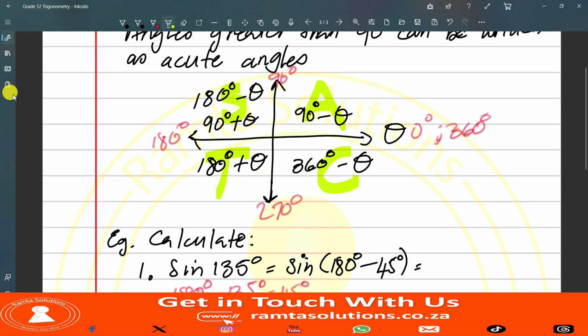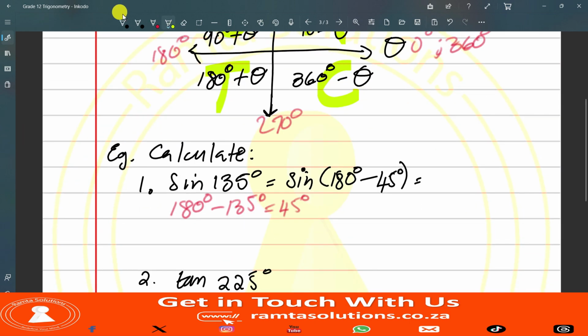So sine in the 180 minus is positive. So it'll become positive sine. Then you get rid of the 180. It is now becoming positive sine 45 degrees. Because we did special angles, this is positive root 2 over 2, right?